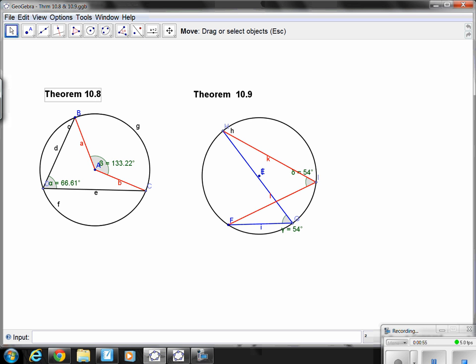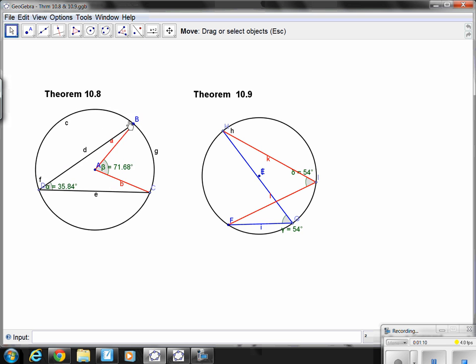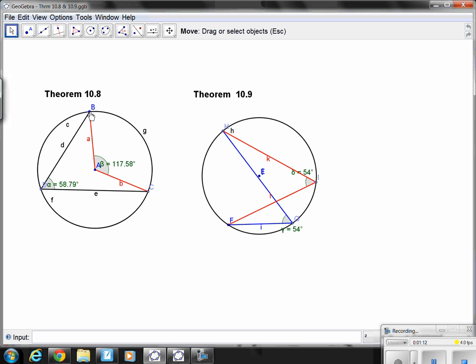Theorem 10.8. And we're going to look at the relationship. This red angle is the central angle. The black angle here is the inscribed angle. And what happens as we move the point around? What's the relationship between these two angles? So I'll try to stop it close to about 120. Notice that's about 60.